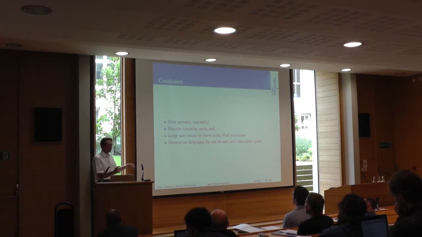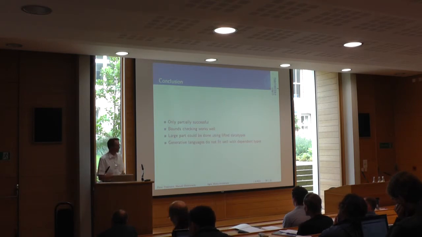And since you're generating code, you cannot even get some evidence for the size of the resulting array to wrap in an existential or something like that. It's not there because you haven't executed the code yet, right? So we didn't see a way out of that. But do any of you have good ideas? Okay, thank you. That's all.